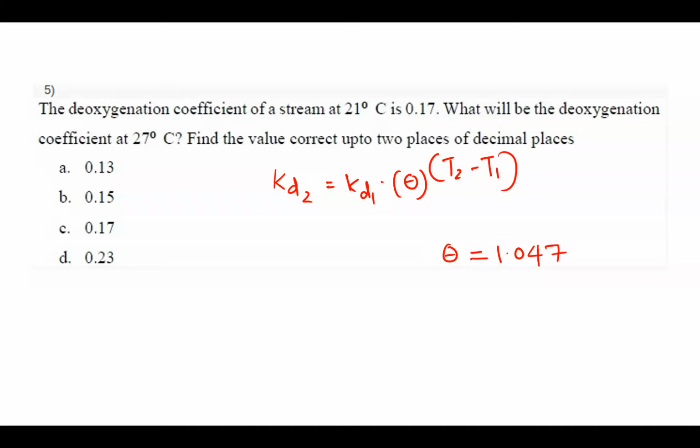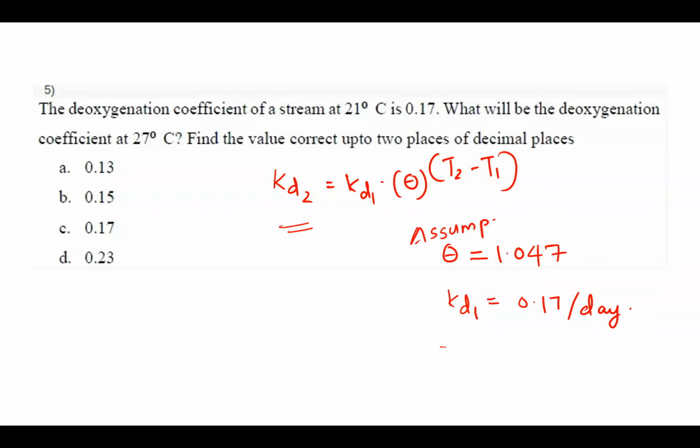So we have to calculate KD2, the deoxygenation coefficient at 27, and we know KD1 is equal to 0.17 per day, right? And theta we are assuming this value for the operation.